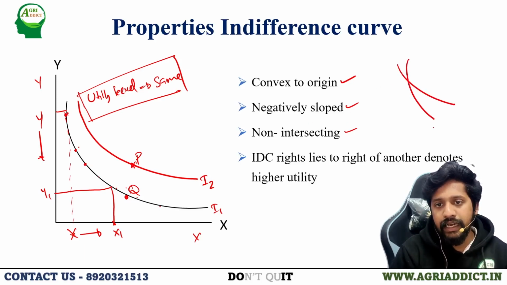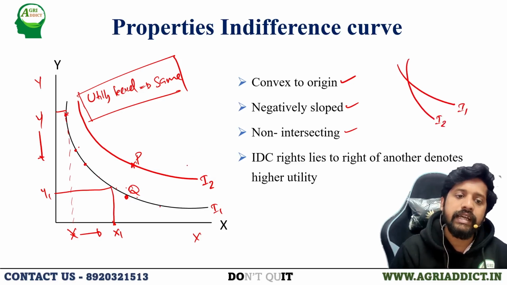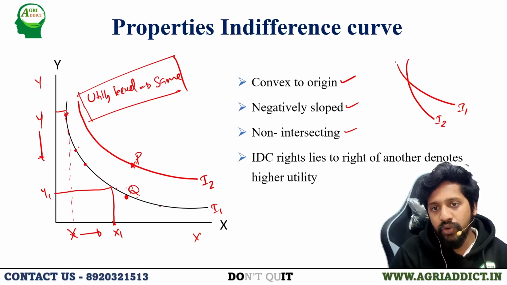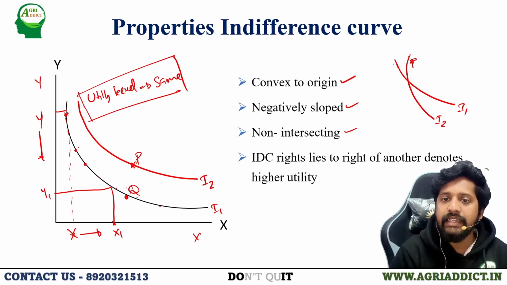Because if they are intersecting, like this is I1 and this is I2, we have already discussed that a higher indifference curve means higher satisfaction. So here I2 was on top, so the satisfaction level here will be higher than that of I1. But after this point, I1 comes over, and the utility level changes, right?